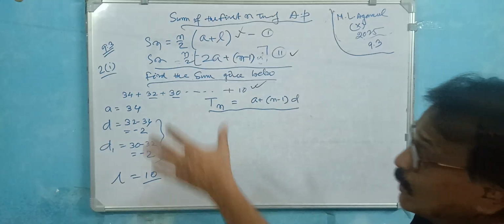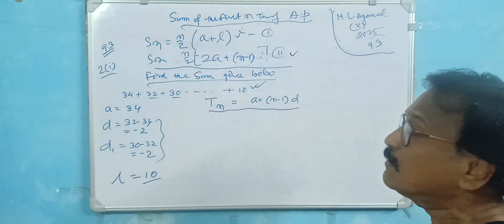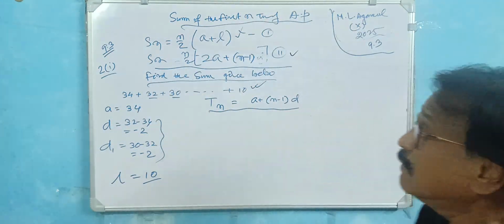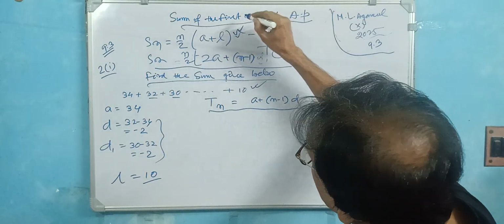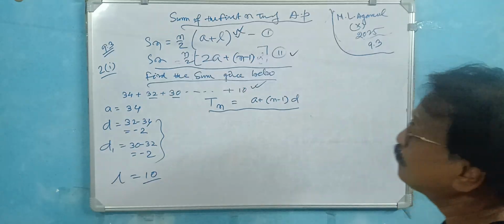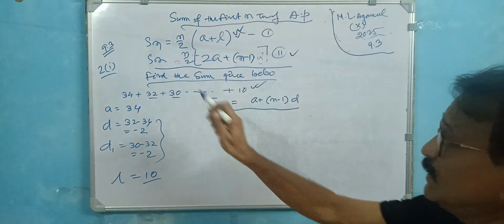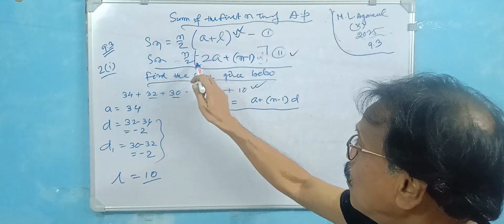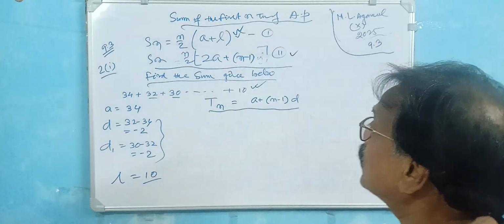So if you want to calculate the sum, there are two formulas: one is n by 2 bracket a plus l, and one is n by 2 bracket 2a plus n minus 1 into d.